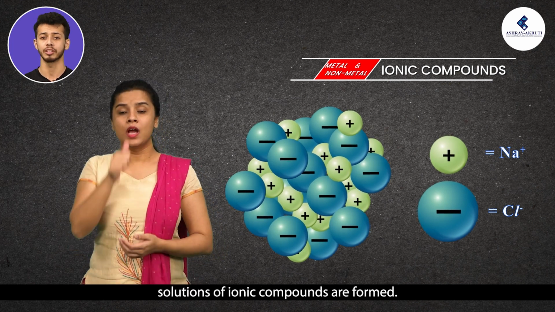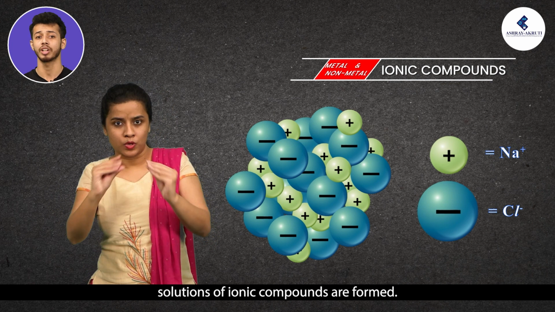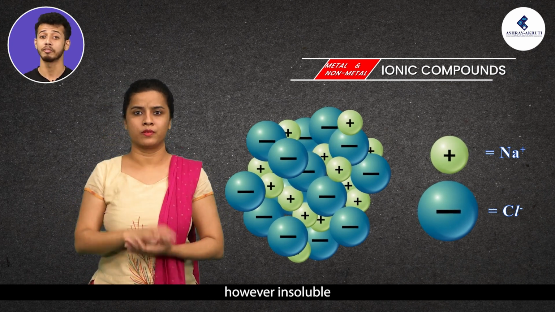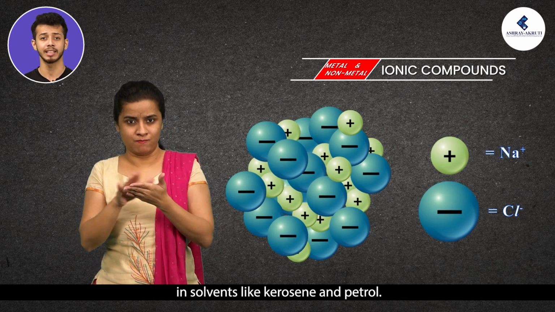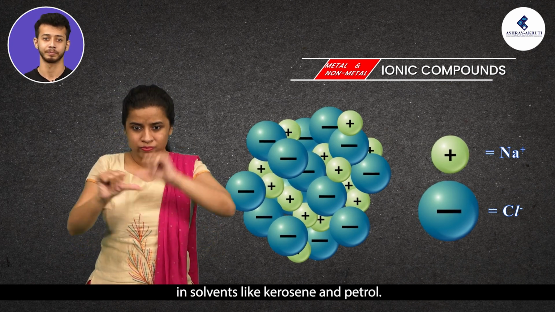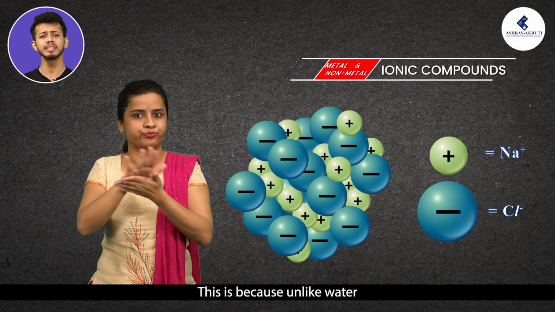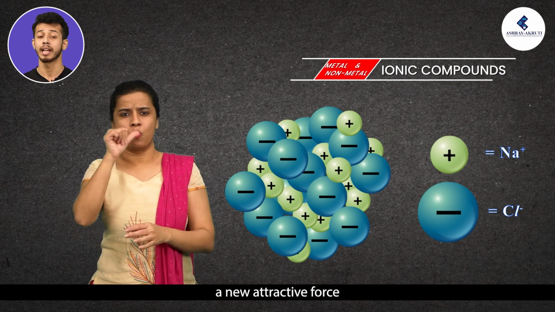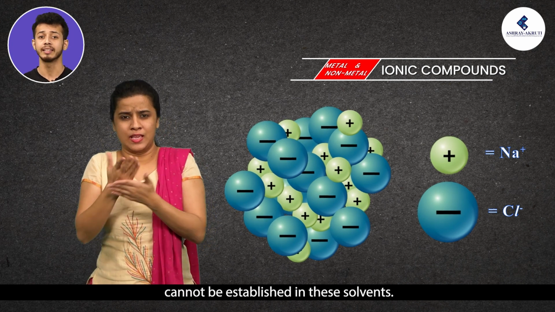And aqueous solutions of ionic compounds are formed. Ionic compounds are, however, insoluble in solvents like kerosene and petrol. This is because, unlike water, a new attractive force cannot be established in these solvents.